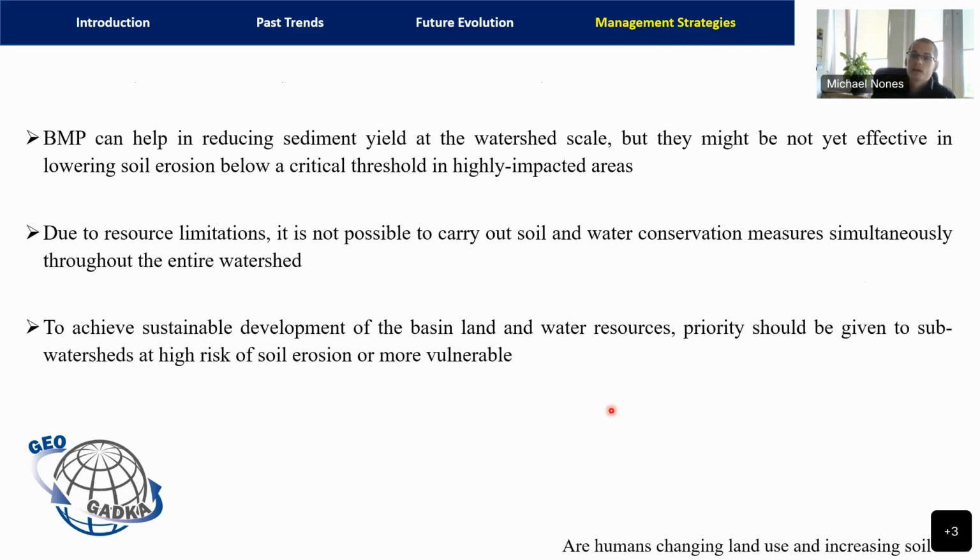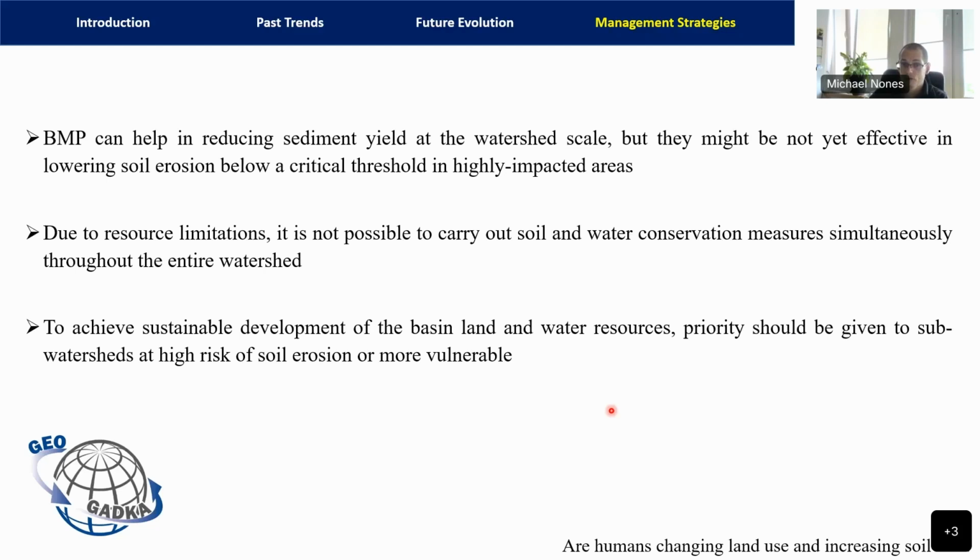Those management practices are okay in reducing sediment yield at the watershed scale, but might not be that effective to reduce the soil erosion below the critical threshold, especially in highly impacted areas or in areas characterized by high socioeconomic value.